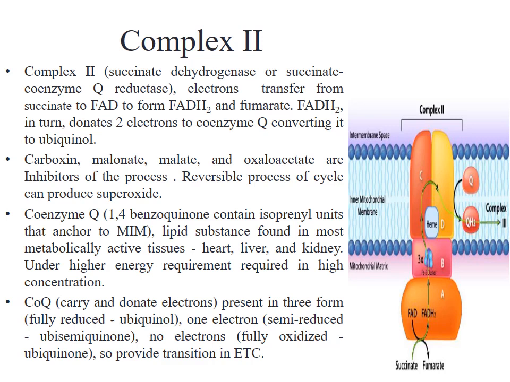CoQ can carry and donate electrons in three forms, as I told you. One form contains two electrons, one contains one electron, and one contains no electron. And this transition between the different forms actually provides the driving force to the electron transport chain.